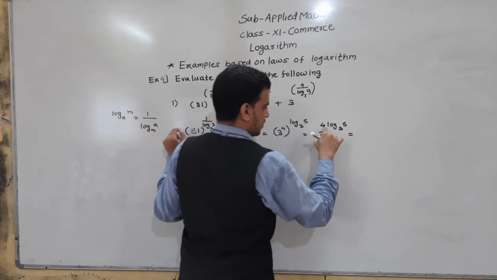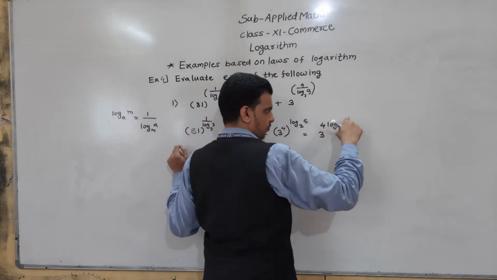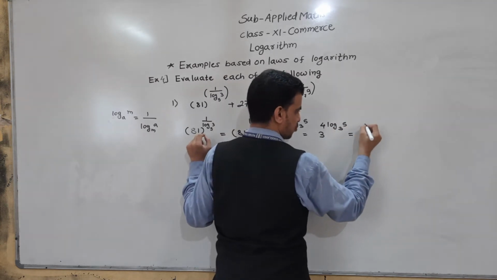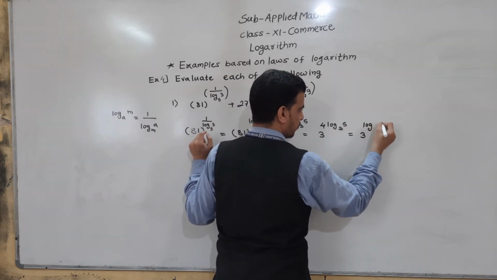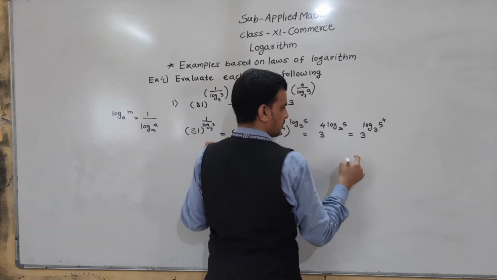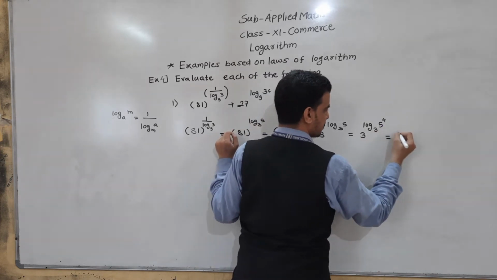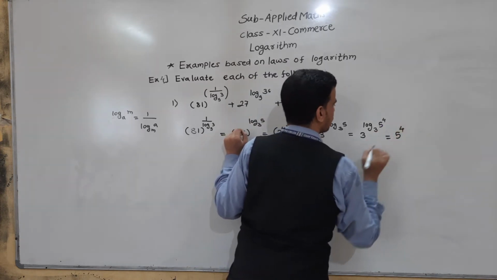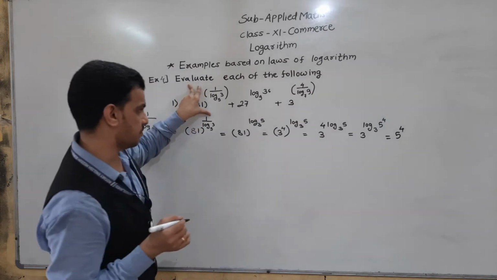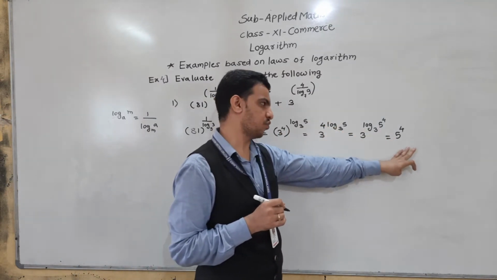Now this coefficient becomes power of argument. So 3 raised to log of 5 raised to 4 to the base 3. Now if this base and this base are equal, the answer is 5 raised to 4. So the first term, if we simplify, we get 5 raised to 4.